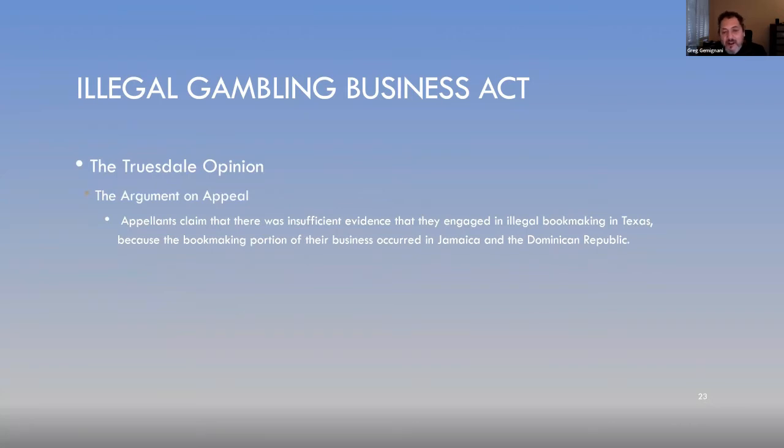So their argument on appeal is that there's insufficient evidence to say that they engaged in bookmaking in Texas because they didn't take any bets. All the bets were taken in Jamaica and the Dominican Republic. They would promote it, but they didn't take it.